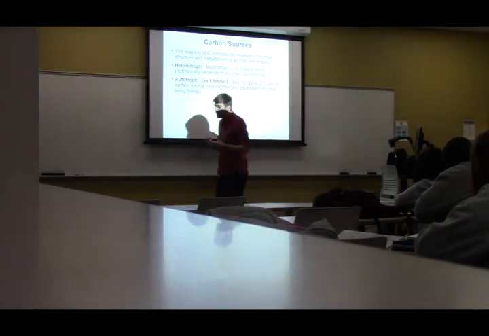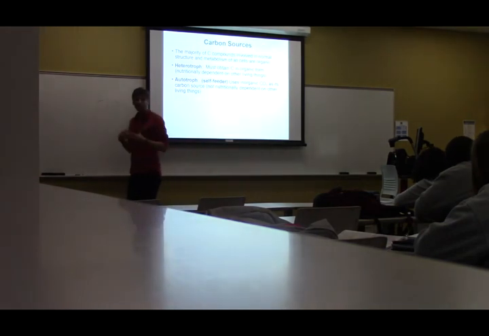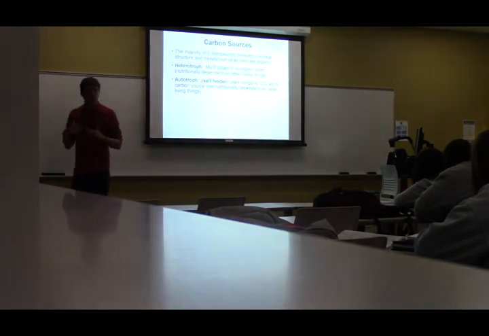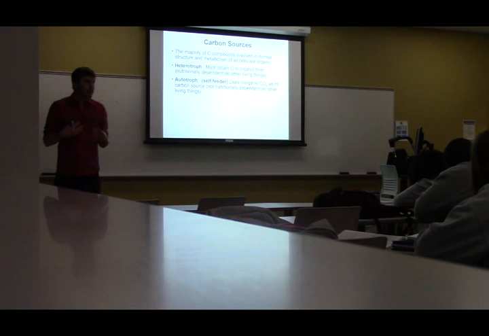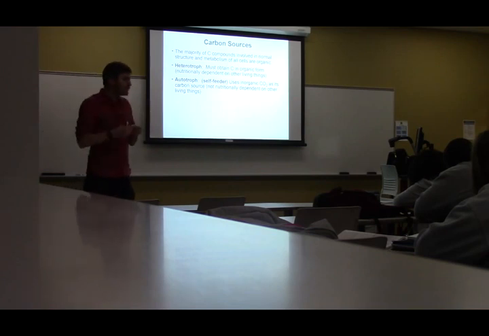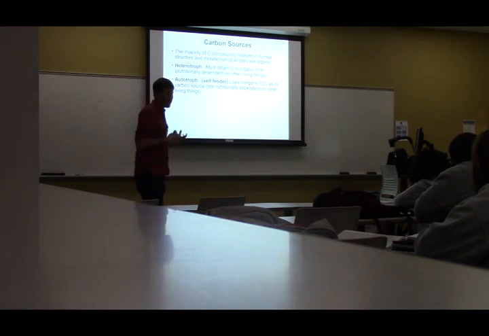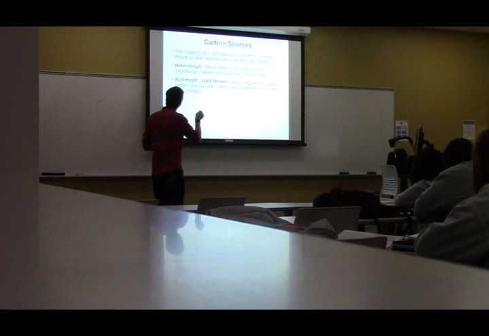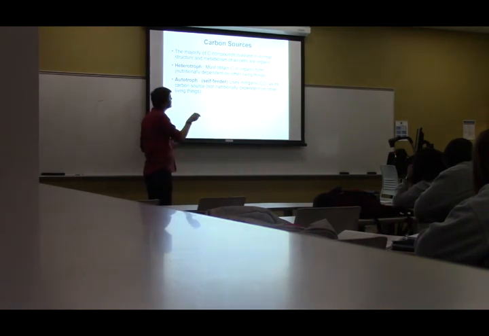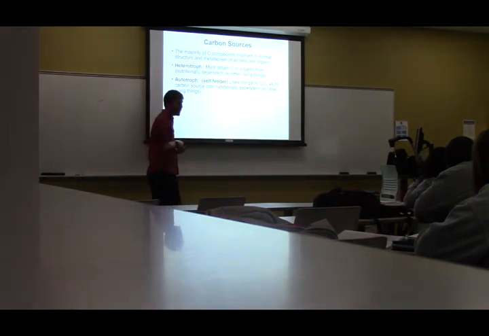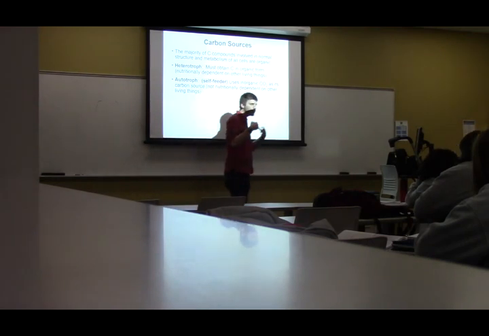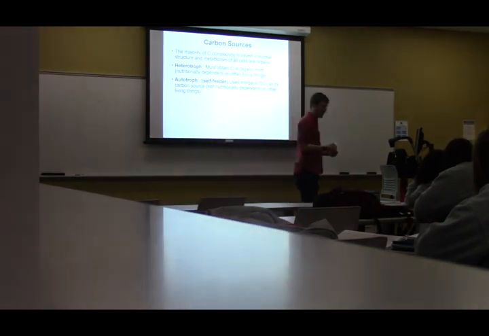The most common organic molecule that is used for a carbon source is glucose. Why? Because glucose is one of the most simple organic compounds that are made from inorganic compounds, okay? So heterotrophs, these are guys who get their carbon sources from organic molecules, and they take these from other living things, okay?